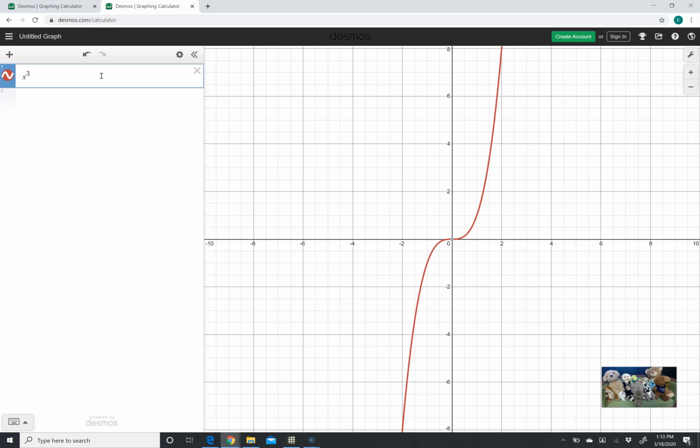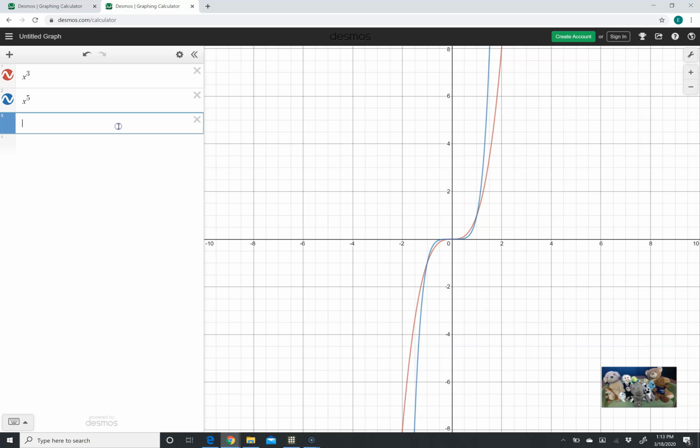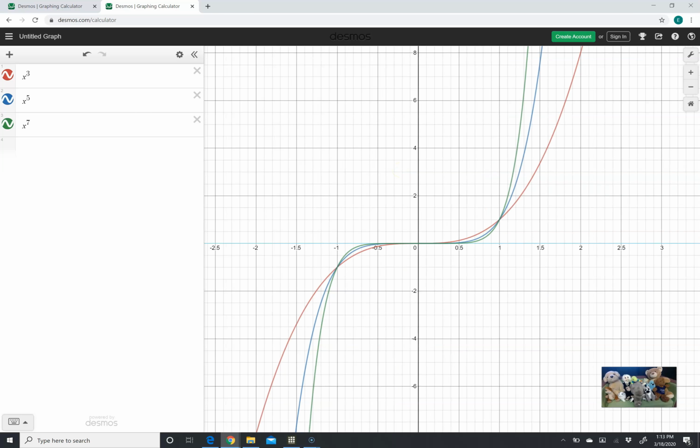You can see that this is x cubed, but if we show you x to the 5th, you can see from the middle that it does flatten out a little bit. And if we had x to the 7th, you'd see that it flattens out even more. And I can expand that for you.